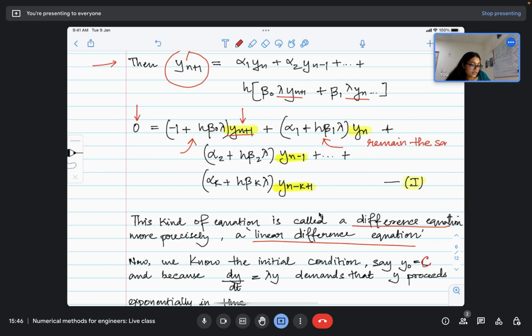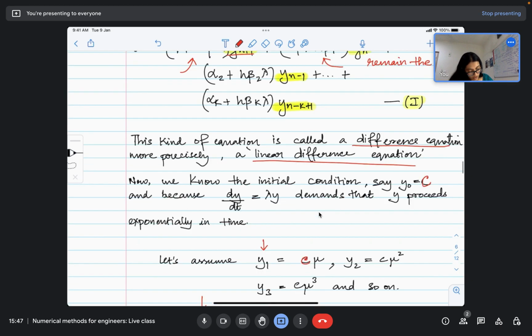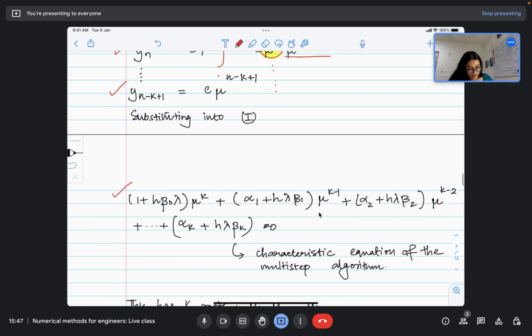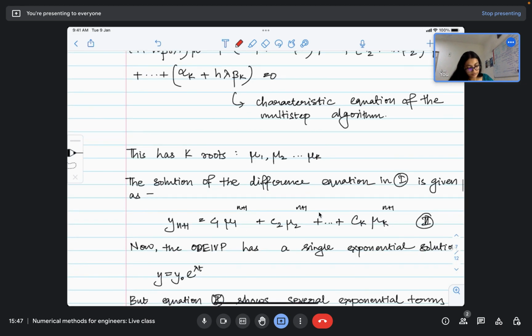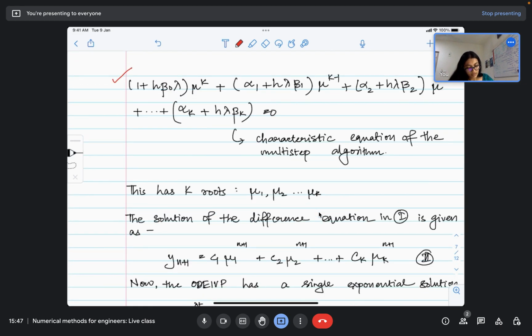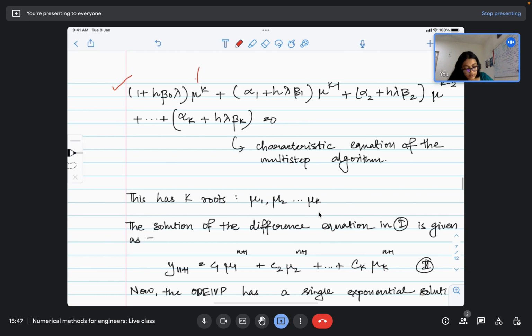The only things that we have changed are the values of yn plus 1, yn minus 1, and so on. So only these values have been changed, but all others remain the same.